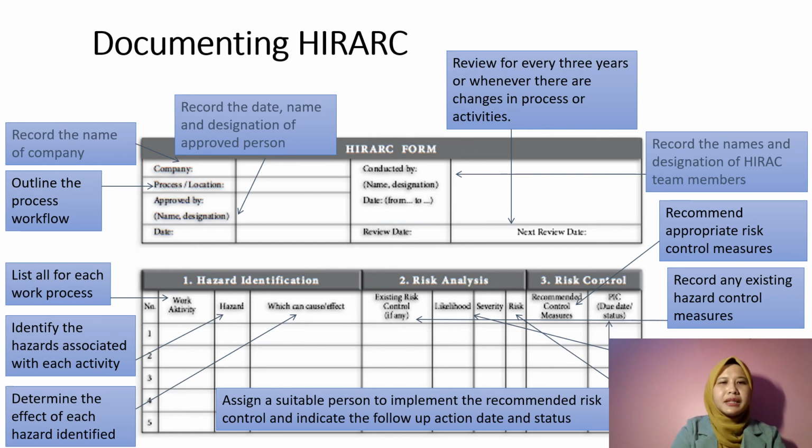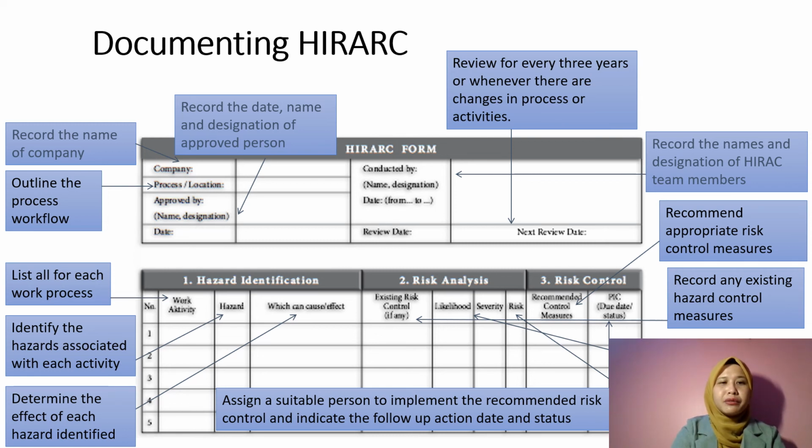Record any existing hazard control measures. Determine likelihood from table A and severity from table B for each hazard. The existing control measures should be taken into consideration while determining the likelihood and severity.